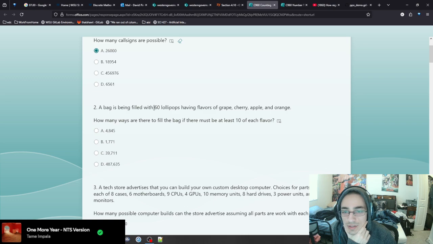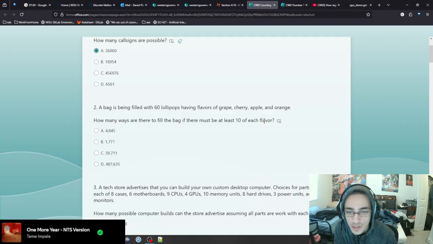Wait, so a bag is being filled with 60 lollipops. So we're choosing 60 lollipops, and each one has to be one of 4 types. And also, there must be at least 10 of each flavor.